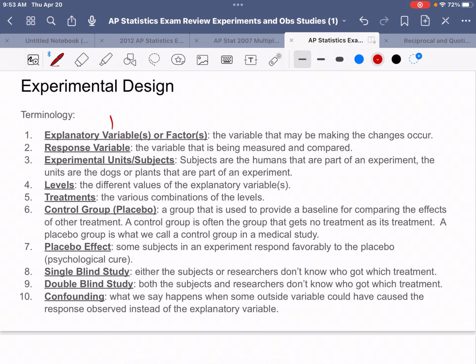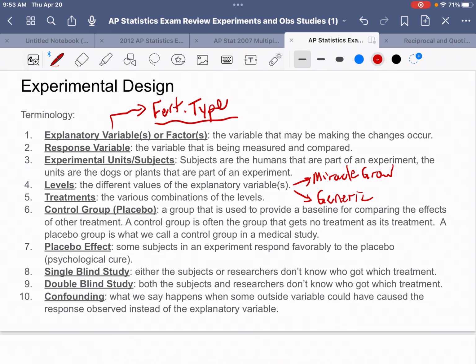For instance, the explanatory variable of an experiment could be fertilizer type, and then the levels could be Miracle Grow and some generic. So the explanatory variable is the vague description, fertilizer type, and the different levels are, well, what are the fertilizers you're using?